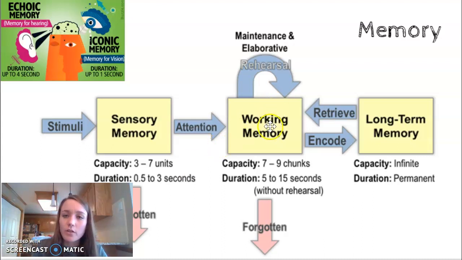Working memory is held for a little bit longer. This is the type of information that you can hold through processing. This is that, like, you're working on it, you're thinking about it, you are rehearsing it in your head, and you're holding it. So an example would be a phone number.